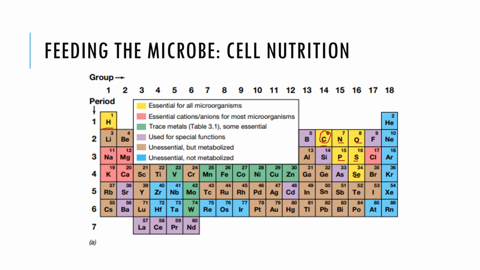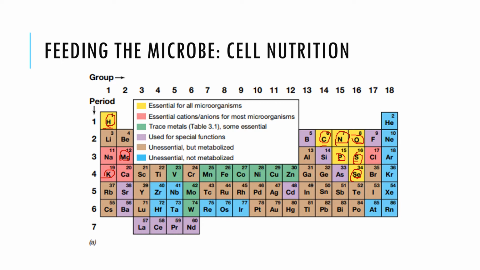Carbon is needed in the largest amount, comprising 50% of a cell's dry weight. Oxygen and hydrogen are next, when combined comprising 25% of a cell's dry weight, and nitrogen follows, which is 13%. All the required phosphorus, sulfur, potassium, magnesium, and selenium combine for less than 5% of a cell's dry weight.